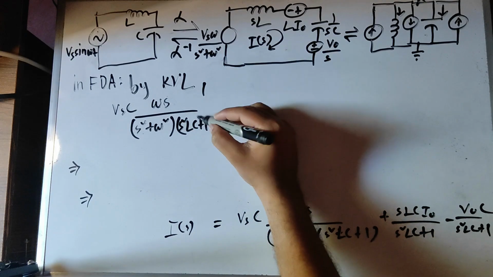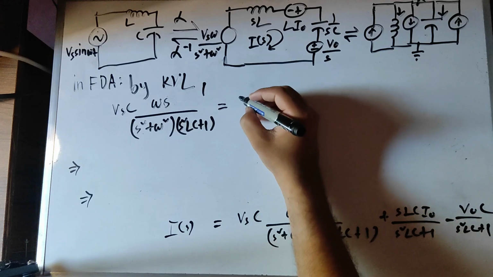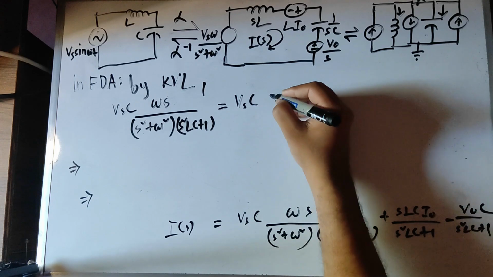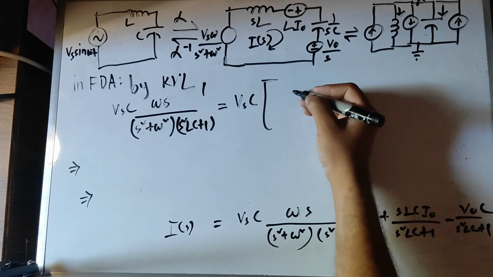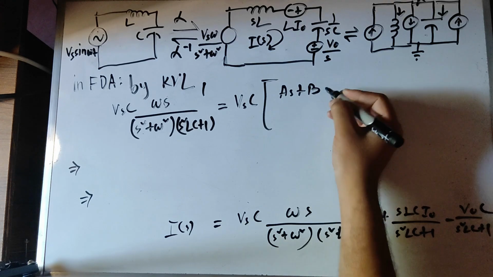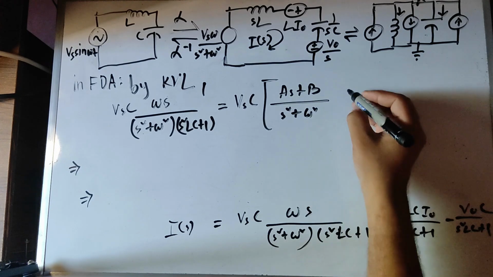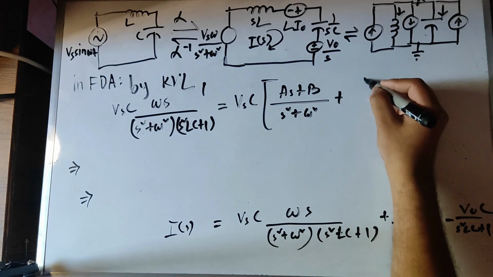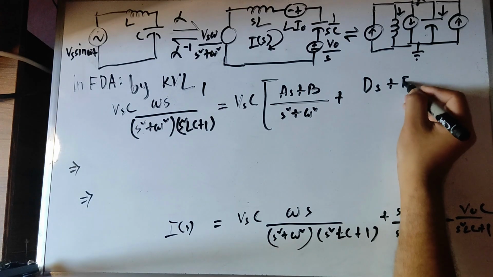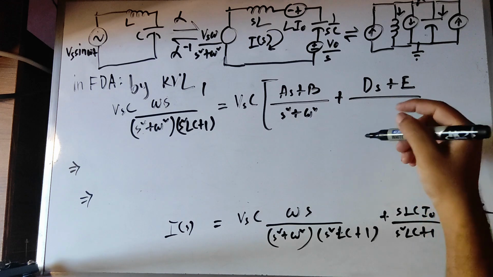So what we're gonna do here is break this into partial fractions. Vs C times (AS + B)/(S squared + omega squared) + (DS + E)/(S squared LC + 1). This is for our convenience.